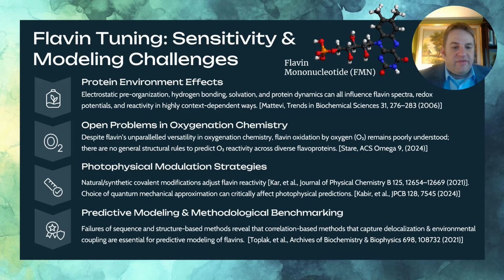In terms of photophysical modulation, its interaction with light, natural and synthetic covalent modifications and chemical changes can adjust flavin reactivity simply by modifying the structure itself. And the choice of a quantum mechanical approximation used to study those changes can critically affect photophysical reactions.